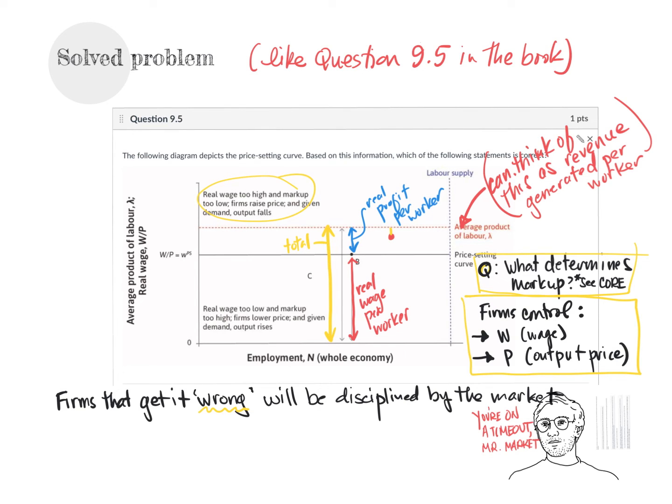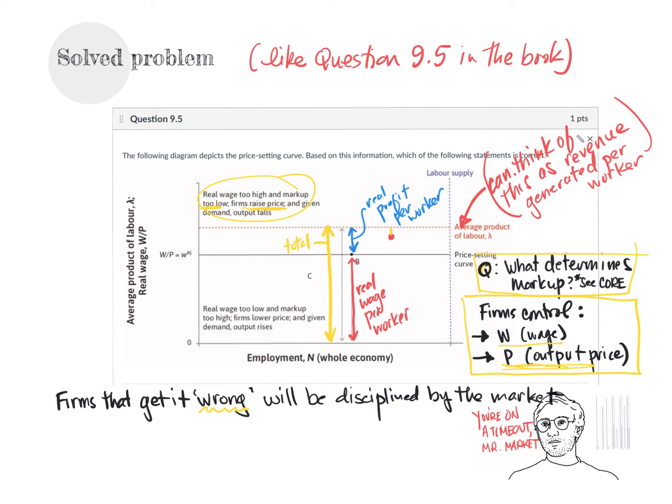Draw your attention to this reasoning here. Anytime the real wage is too high and the markup is too low, the firm will have to make adjustments. And it can control wage somewhat, but wages are also set by market conditions. So it definitely has control over its output price. And so when the firm's feeling its profits getting squeezed and it's doing worse than all the other firms, it'll raise prices.